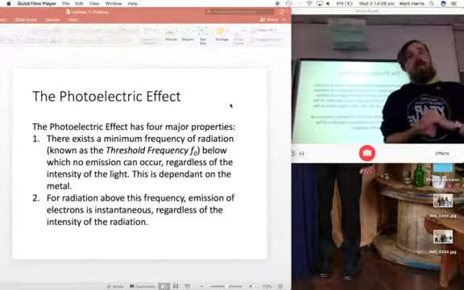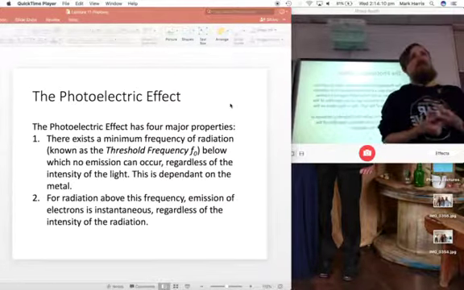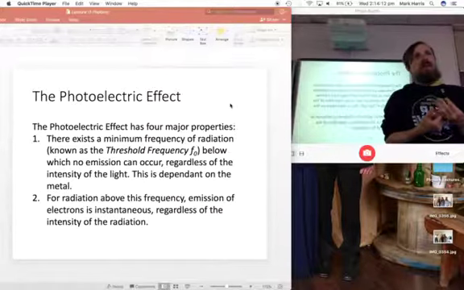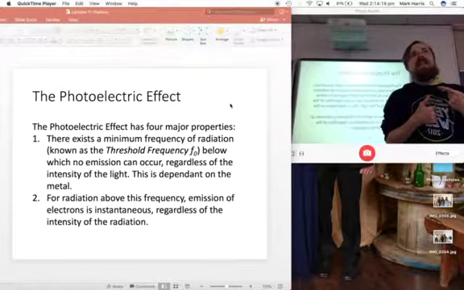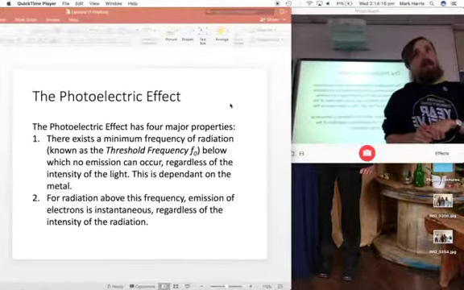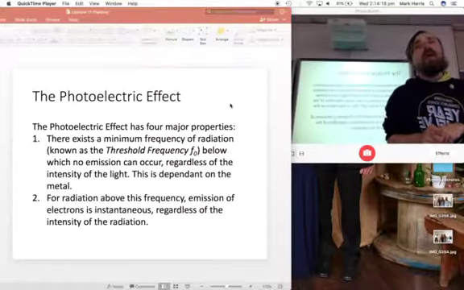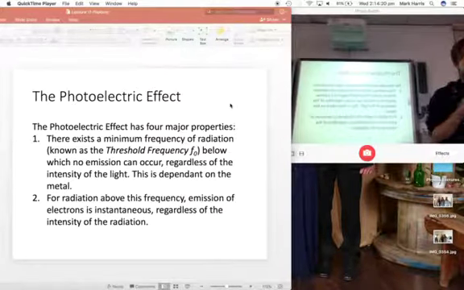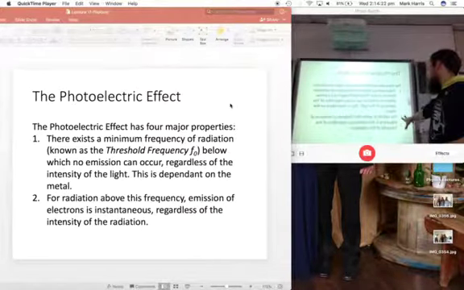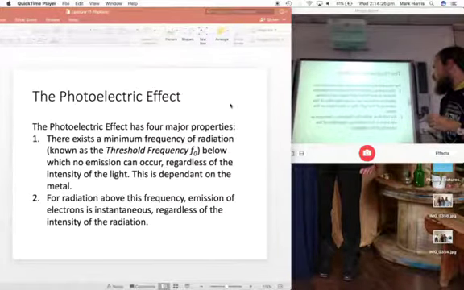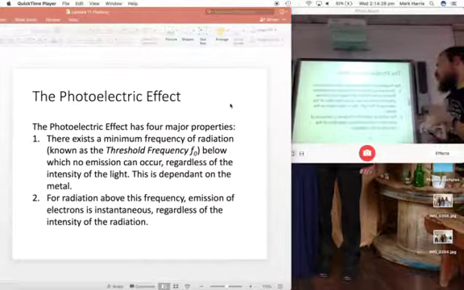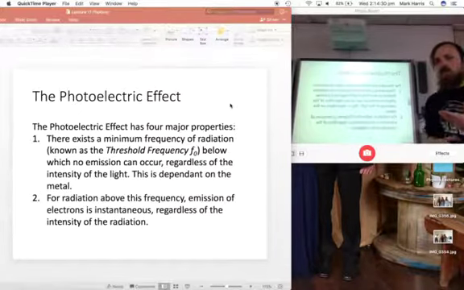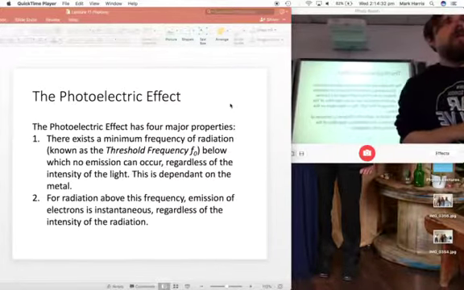Do you remember that there are four states of matter? Solid, liquid, gas, and what's the last one? Plasma. We've got no electrons, and it's a gas. It's a plasma. So that's number two there. Radiation above the threshold frequency will cause electrons to come off, regardless of the intensity.